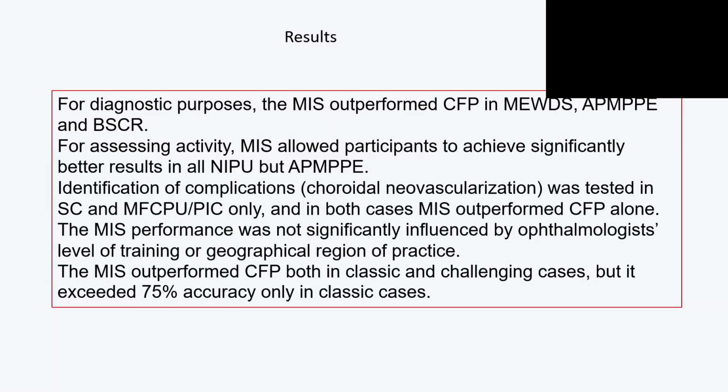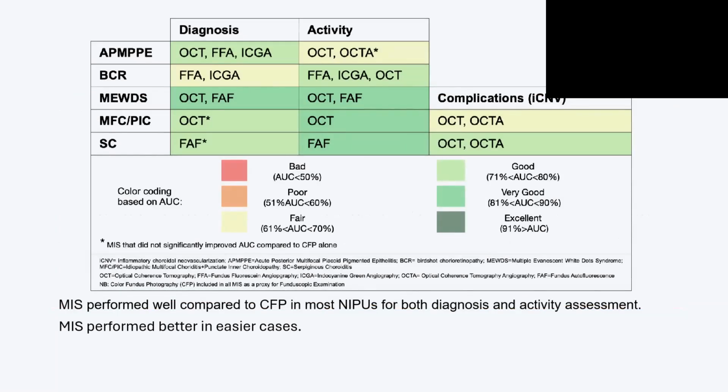So most interestingly, the minimal imaging set was very helpful in simple, straightforward cases. But in cases which are complicated or atypical or where you are not sure about the diagnosis, you may need MMI, multimodal imaging, you may need ICG, you may need everything. But if the case is straightforward, you don't have to do everything for everybody.